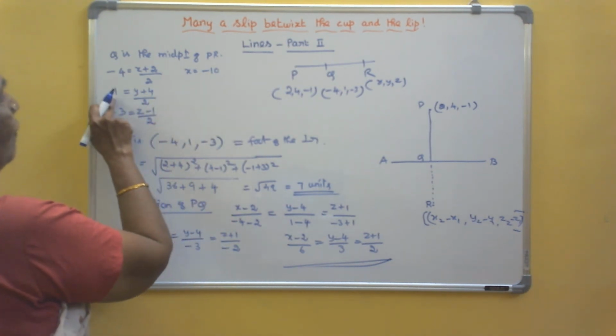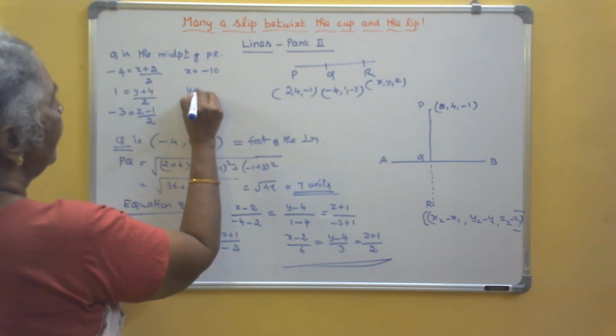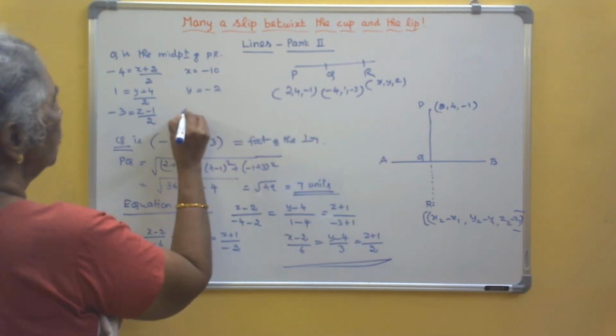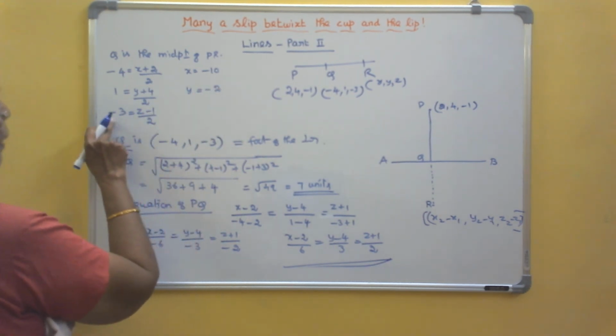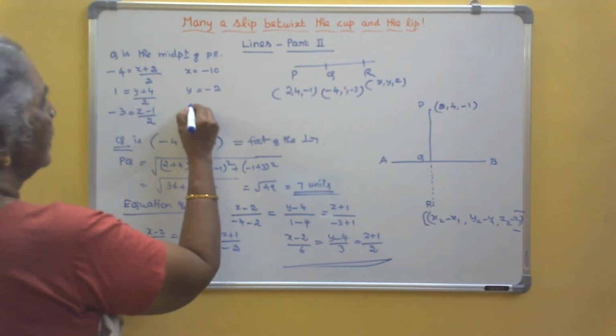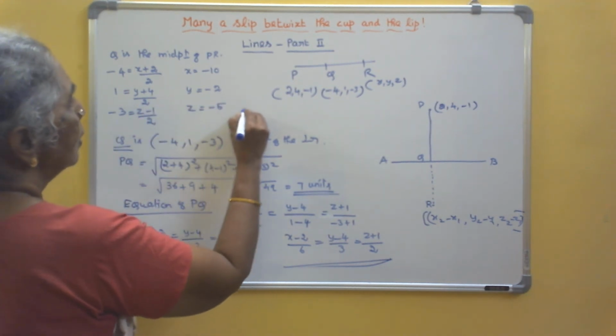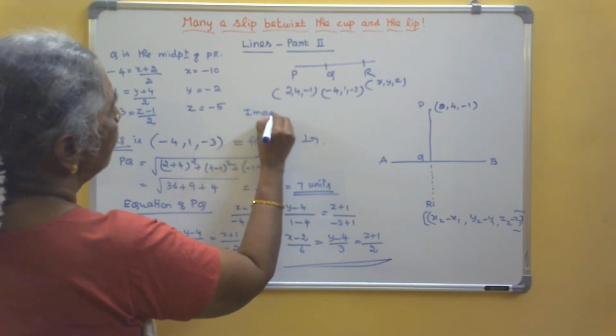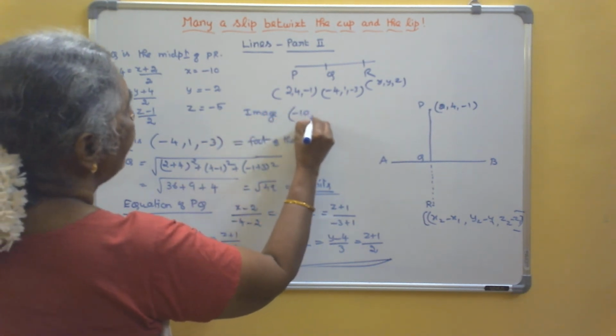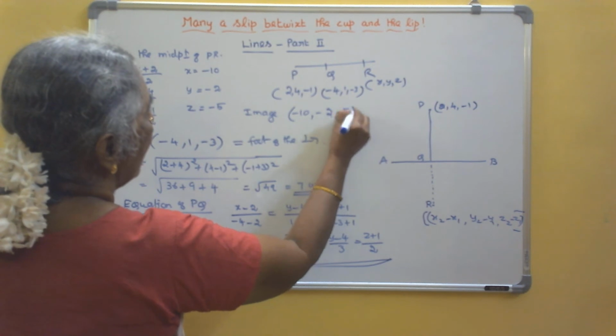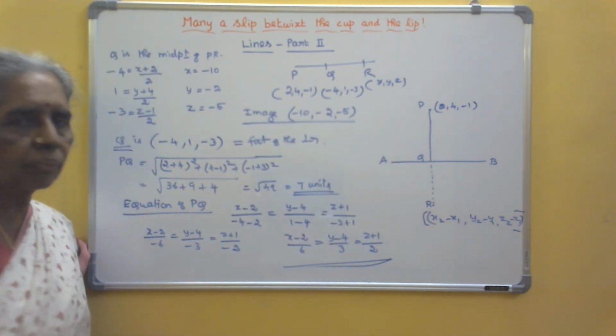Y plus 4 will be 2. So y will be equal to minus 2. Z minus 1 will be minus 6. So z will be equal to minus 5. So the image will be (minus 10, minus 2, minus 5).